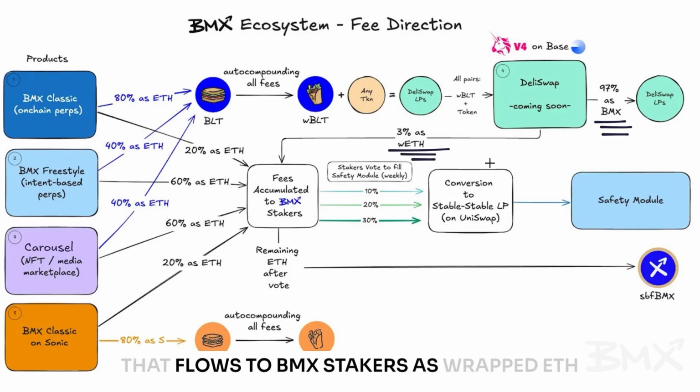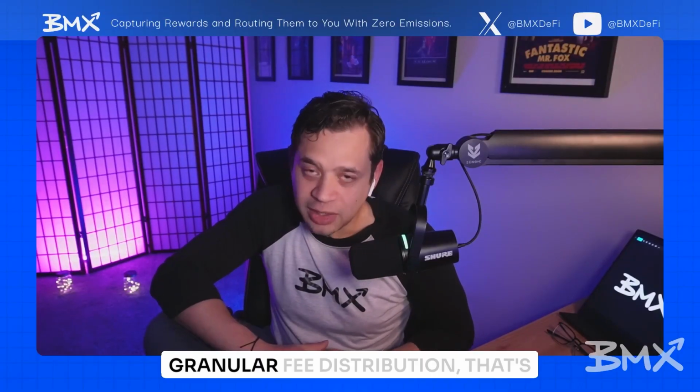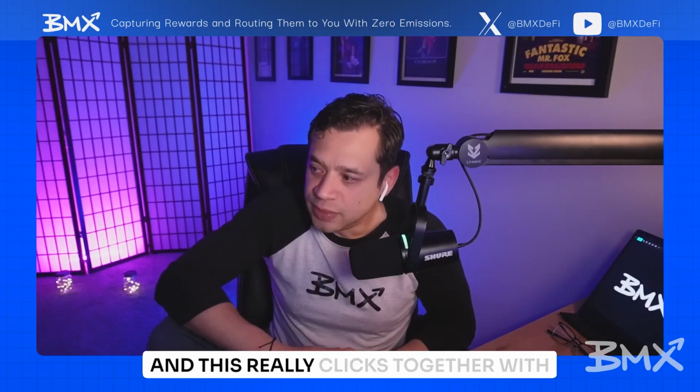The other 3% flows to BMX stakers as wrapped ETH, and they can then vote to send some of that to the safety module, which is like the protocol's insurance fund. So getting that level of automated granular fee distribution, that's possible because of the hooks. And this really clicks together with wBLT because all the Deli Swap pools use wBLT as its pair.